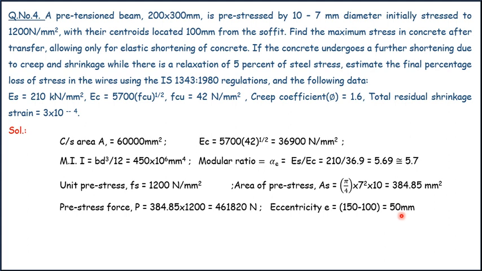This we can view in the previous video on the losses of pre-stress. Now the distance of the concrete fiber at the level of steel. The steel level is below the neutral axis at 50 mm. Here again we are taking the concrete fiber at capital E distance, which is also below the neutral axis at 50 mm.